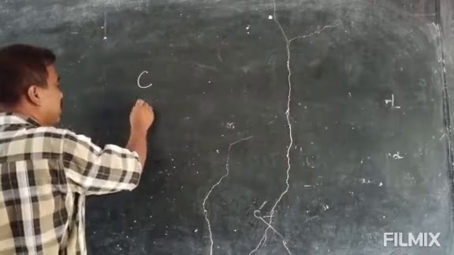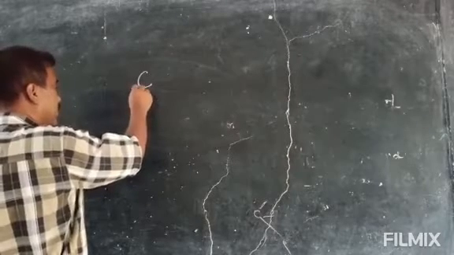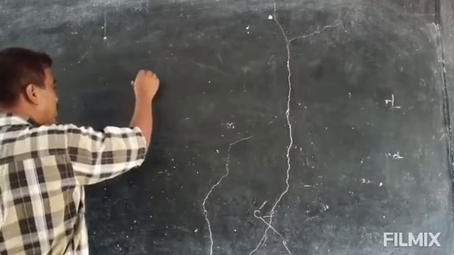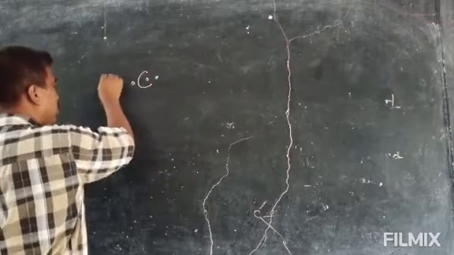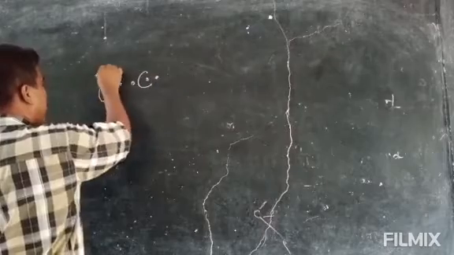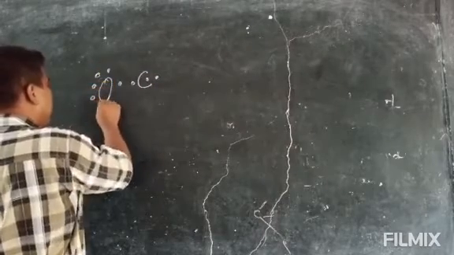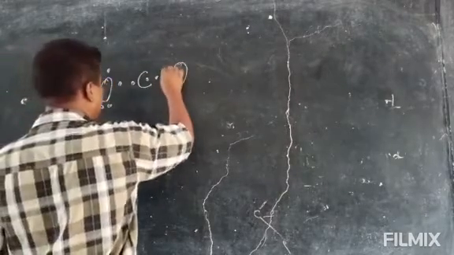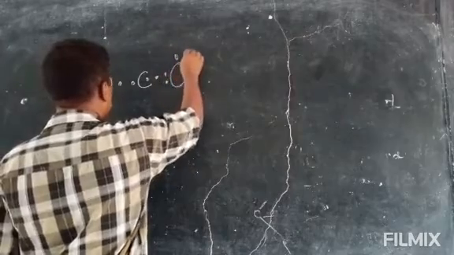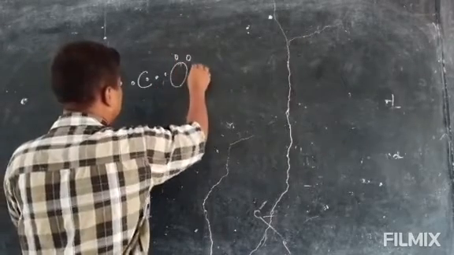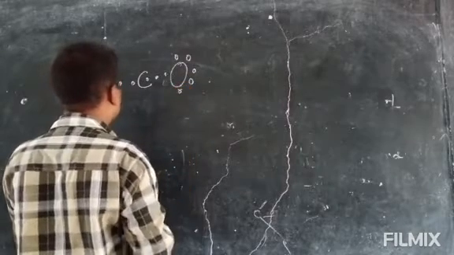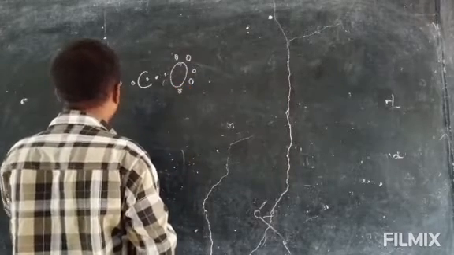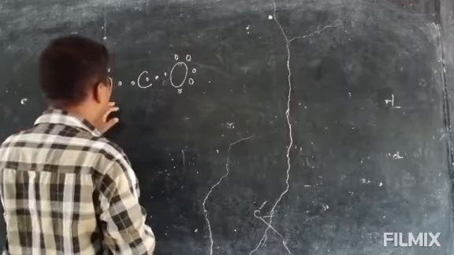Carbon has 4 valency, so we write 1, 2, 3, 4. One oxygen has 6 valency: 1, 2, 3, 4, 5, 6. We have another oxygen here: 1, 2, 3, 4, 5, 6.